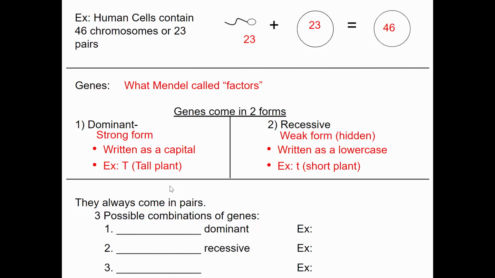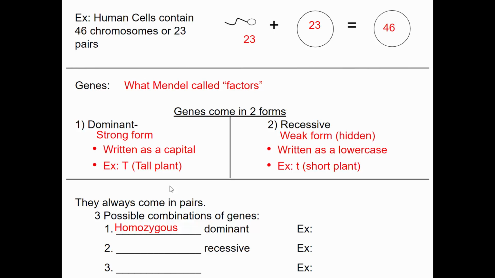They're all T's, but big T, big T? What else could the plant have? Big T, small t? Or small t, small t. Those are the three possible combinations you could have.